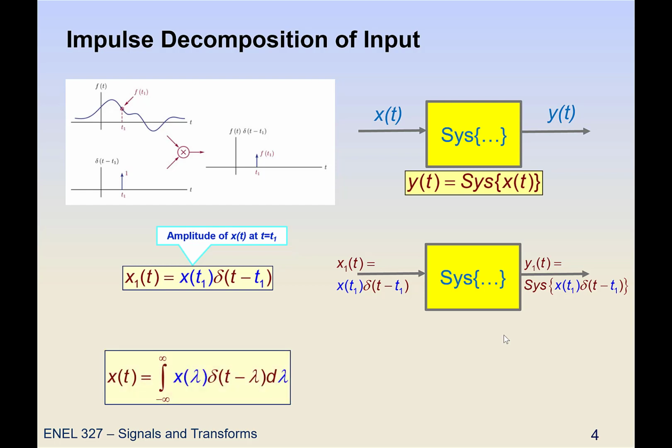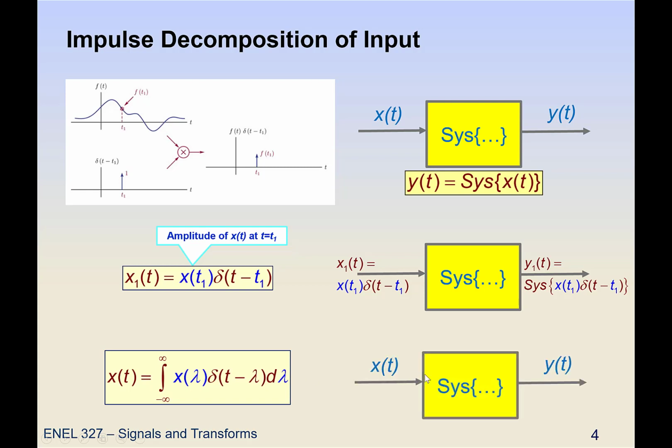But we also know that we can rebuild x as a linear superposition of a bunch of shifted and scaled impulses. That's effectively what we are representing here. And remember, this integral is really just the limit of a sum, so we're basically just summing up a whole bunch of shifted impulses to represent x.